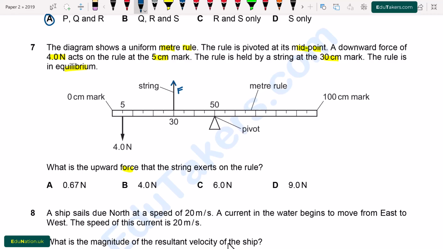Here the rule is in equilibrium. So the clockwise moment must be equal to the anti-clockwise moment. I write here clockwise moment will be equal to anti-clockwise moment. Clockwise moment is basically caused by this string, while the anti-clockwise moment is caused by this force.